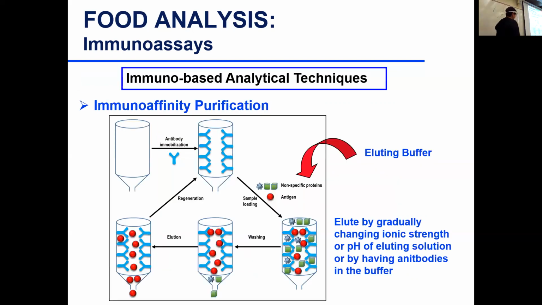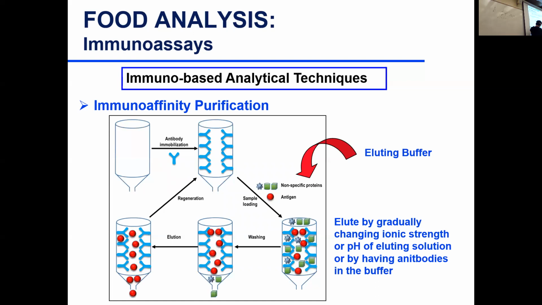Immunoaffinity purification, like your chromatography, here you have your silica, and with the silica you have antibodies bound, and you have your sample that has your antigen of interest and other components. Your antigen will bind specifically to your antibodies that are immobilized in your column.